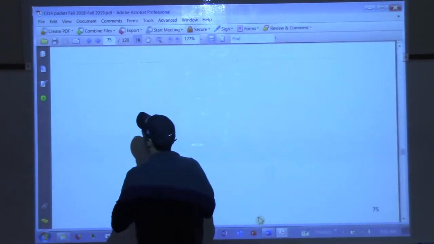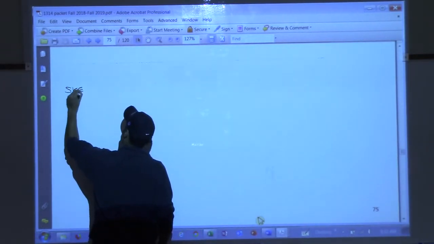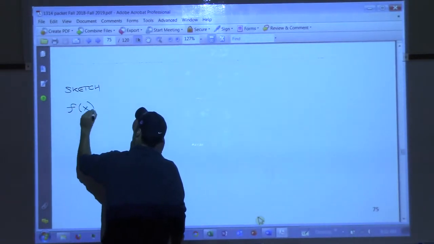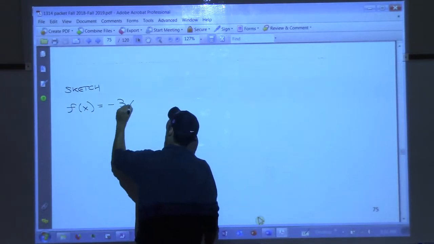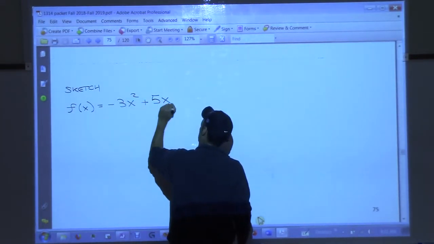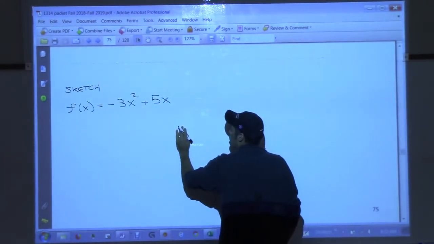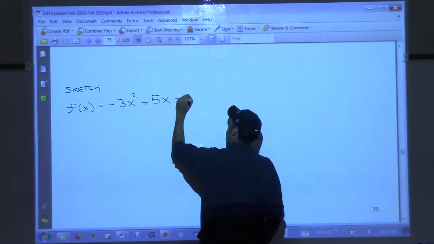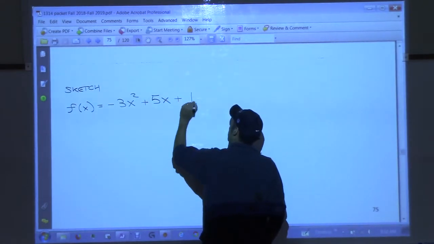All right, here we go. So we're going to sketch f of x equals negative 3x squared plus 5x plus 1.